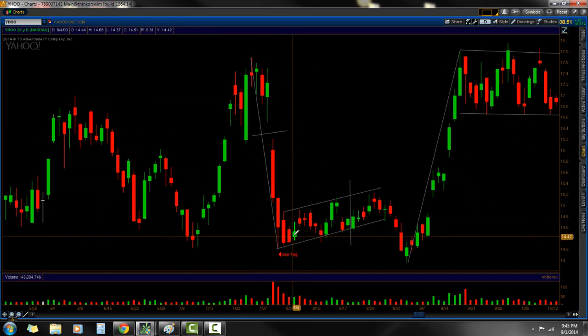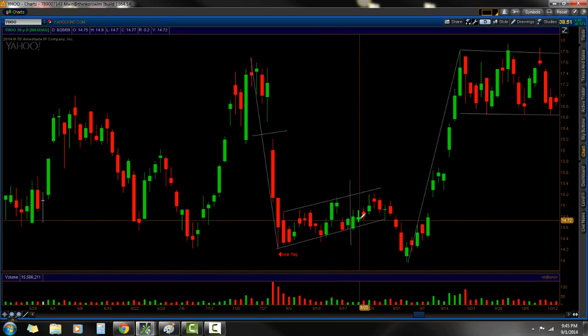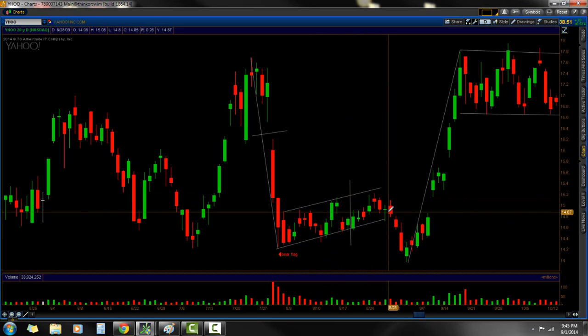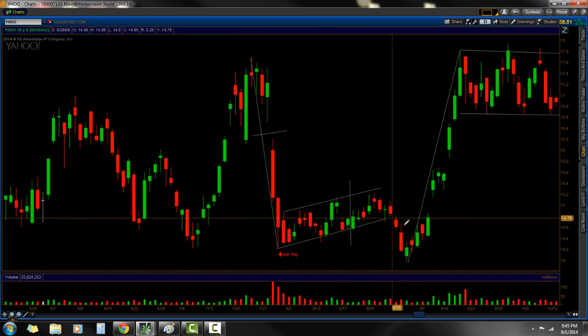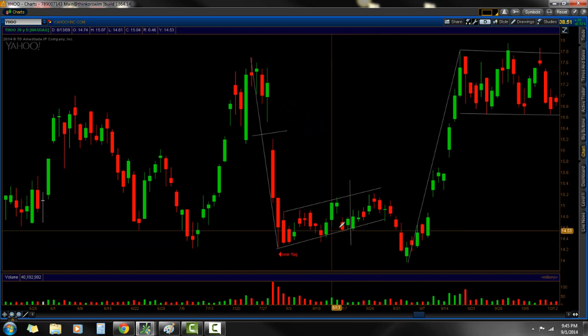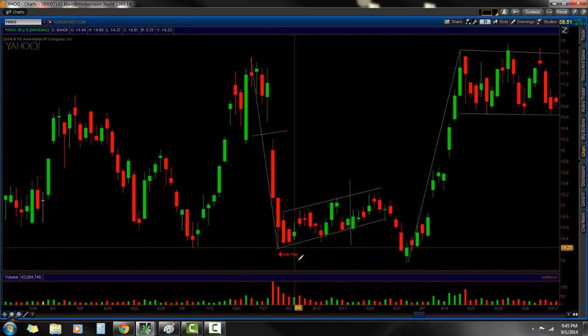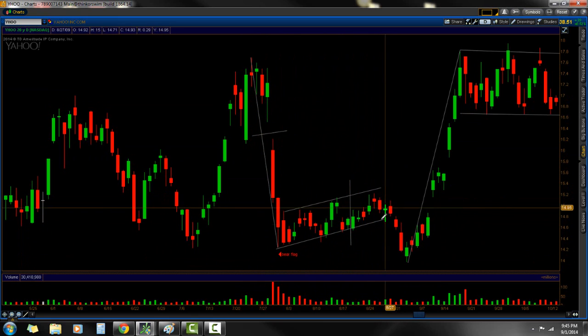You just got 1, 2, 3, 4, 5, 6, 7, 8, 9, 10, 11, 12, 13, 14, 15, 16, 17, 18, 19, 20, 21. The flag's just a little too long. Just a little bit. If it was here, that would be perfect. You have an upside tilt going in the opposite direction of the pole. That would have been a real nice bear flag. But just a little few extra days just makes me want to stay away.